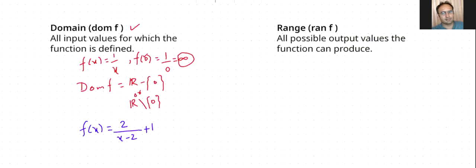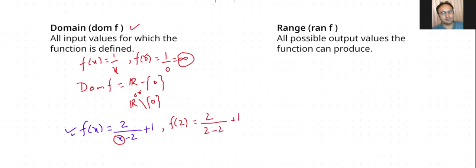Now I am giving you a slightly more complex example: f of x is equal to 2 divided by x minus 2, plus 1. To find the domain of this function, you have to think about the value of x at which this function gives infinity as output. If you substitute 2 in place of x, f of 2 is equal to 2 divided by 2 minus 2, plus 1.